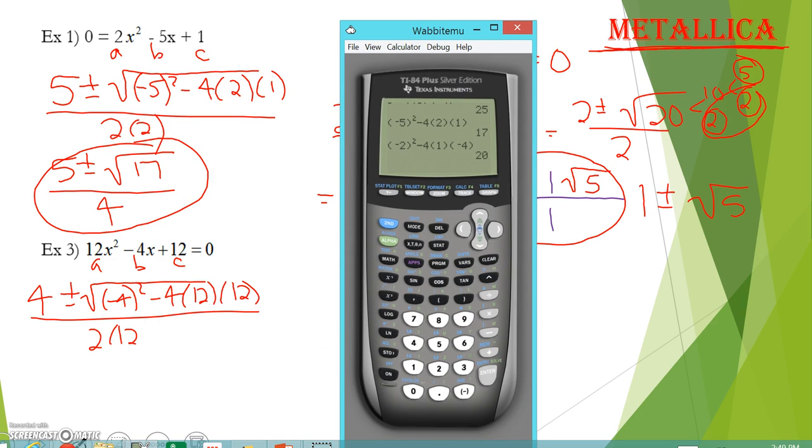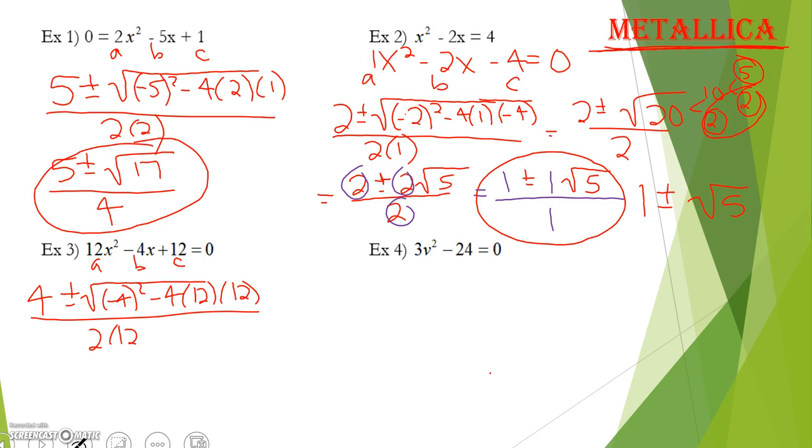So now I do -4 squared minus 4AC and I get -560. So I have 4 plus or minus the square root of -560, and this is all over 2 times 12, which is 24.